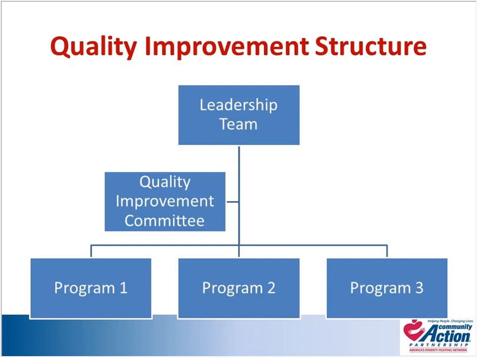So what you see on the screen is simply a very simple picture of what an overall quality improvement structure should look like. One of the things that we discussed a little bit last week, we'll talk about a little bit more later on, is the frequency of data collection. But you see there at the very bottom, your programs and services should ideally be collecting customer satisfaction data on a regular basis.